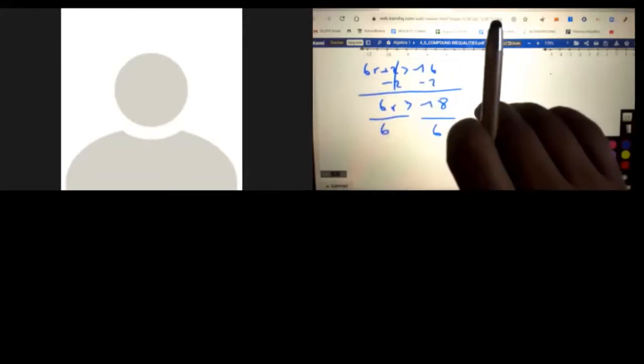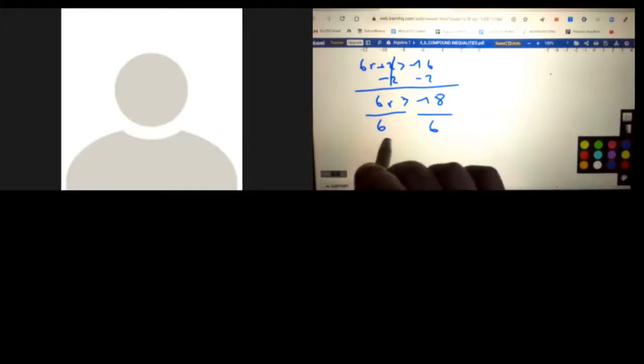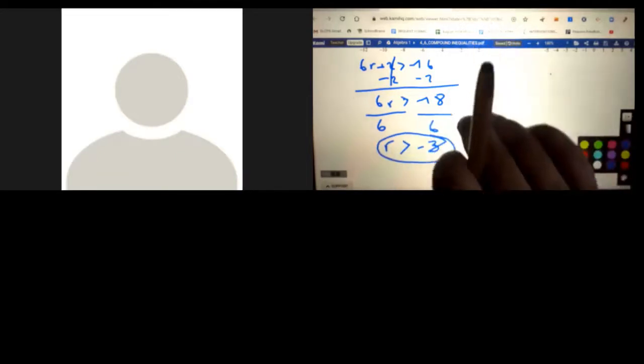Okay, so 6r greater than negative 18. Divide by the coefficient over here, 6. Oh, perfect. r is greater than negative 3. I found one answer. Circle it, because that's what I need to use.